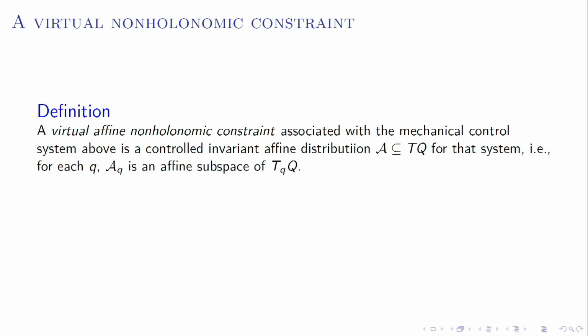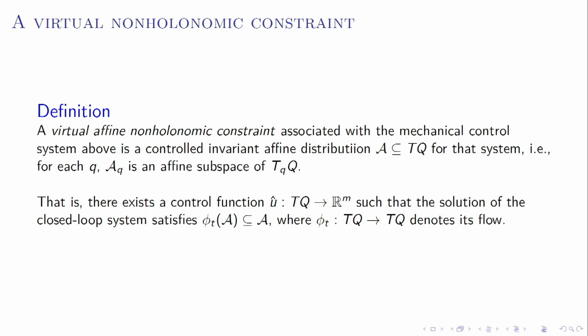That means there exists a control law for which the closed loop system makes that affine distribution invariant under the motion. If you pick initial conditions inside that affine constraint, then your trajectories won't leave that constraint. That's the meaning of being controlled invariant.